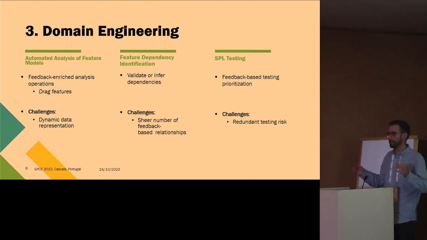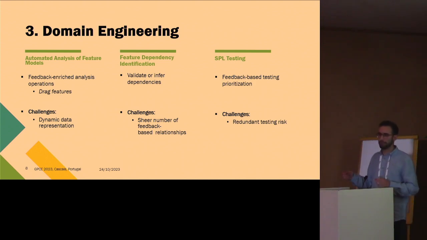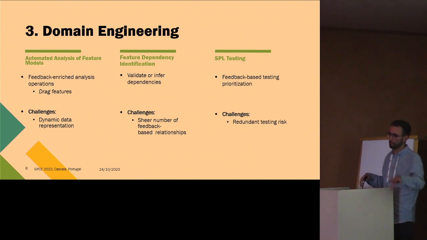Or maybe another solution could be to perform the analysis over the current feature model, but in some way of the analysis incorporate the feedback from this feedback log. So what I meant by dynamic was a representation that should be able to keep up to date the feedback state of the last version of the product line or the last version of the products. The feedback that you are integrating in your analysis should be up to date, should be the last one.